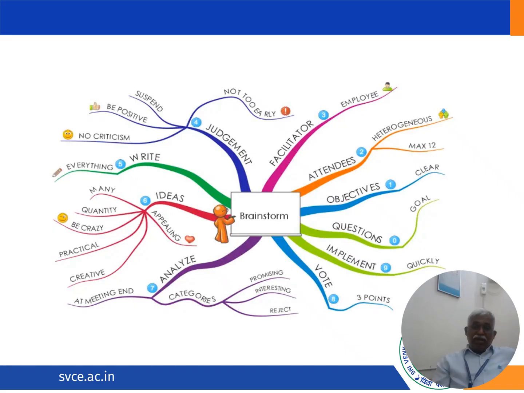Then based on the objective, we have a stakeholders meeting like attendees. Who are the attendees? From that attendees, we need knowledge based people, facilitator we need. Who are our facilitator?